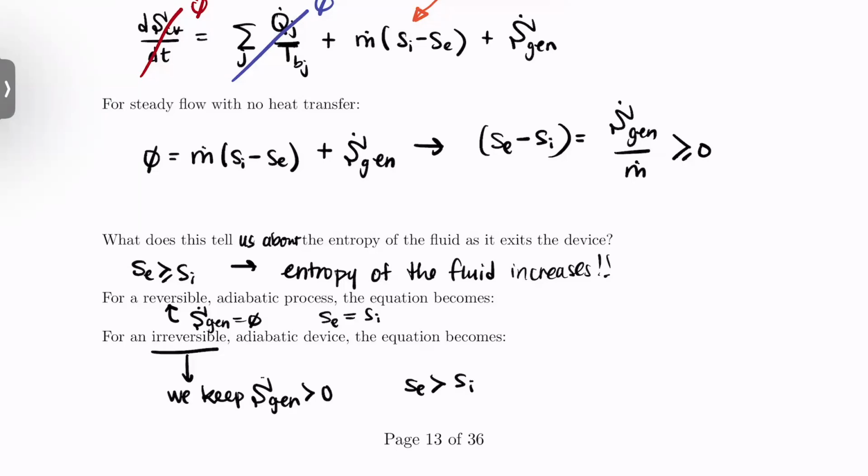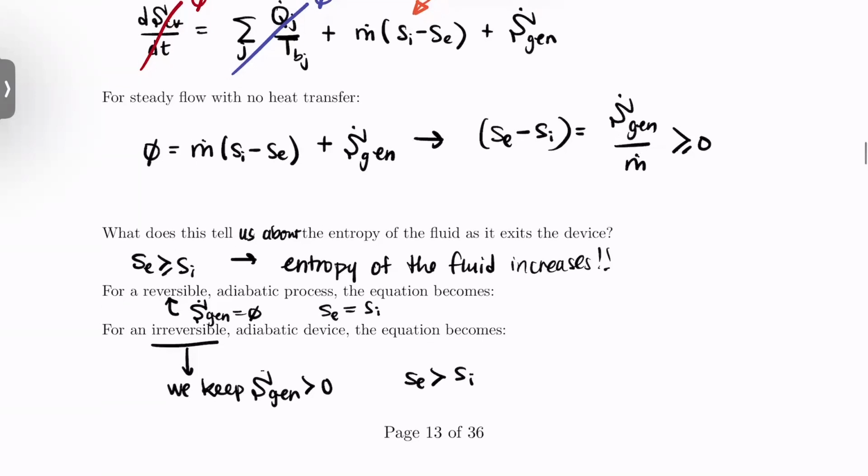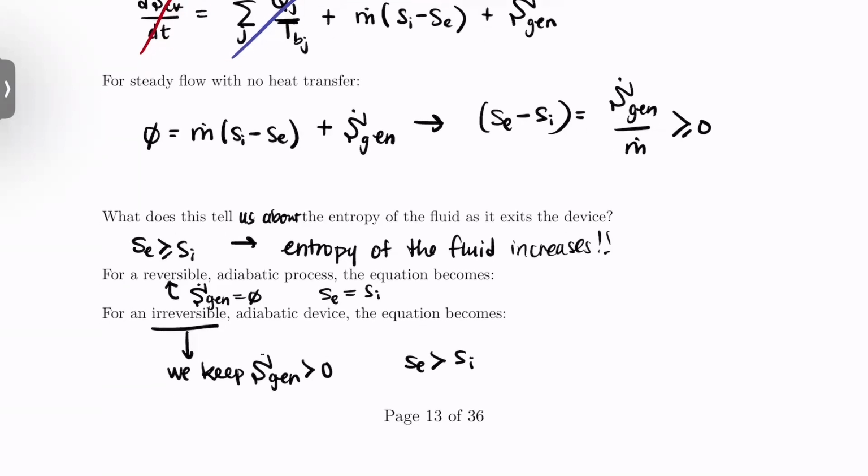Yeah, wait, say that again. Yeah, okay, great question. So if I'm going to start from this equation right here. Okay. So when we have s_e minus s_i, we know that since S dot gen over m dot is greater than or equal to 0, we have two choices.